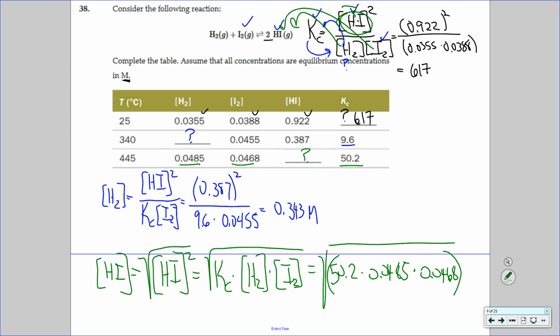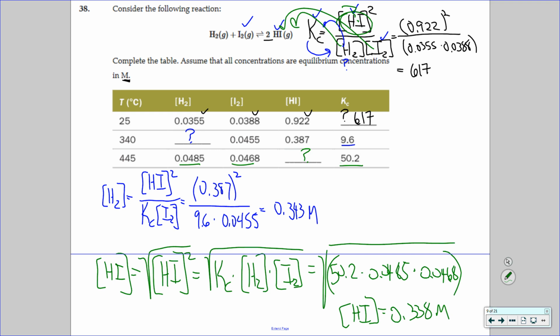Just multiply all those together, then take the square root of it, and I get the concentration of the HI, 0.338. I want to round up. Anybody else get that? Yeah.